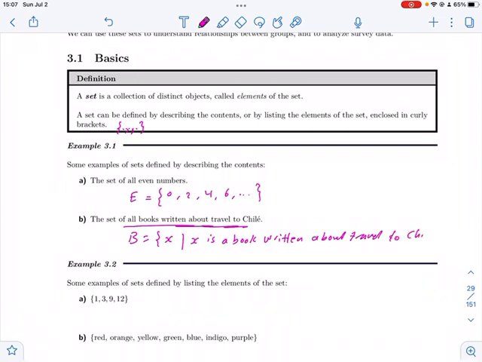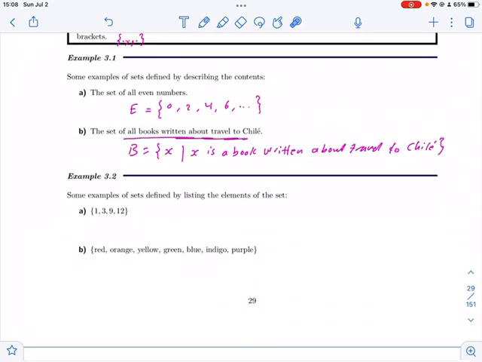This is called set builder notation. If we can write or name some elements, we can use the notation by listing elements. If we can't, we just use some characteristic of these elements. So this is read: the set B is the set of all X such that X is a book written about the travel to Chile.